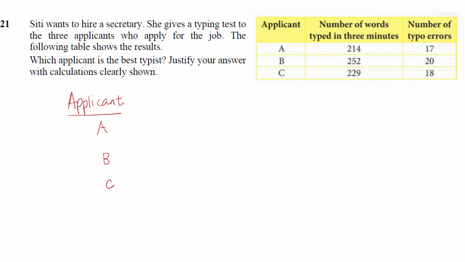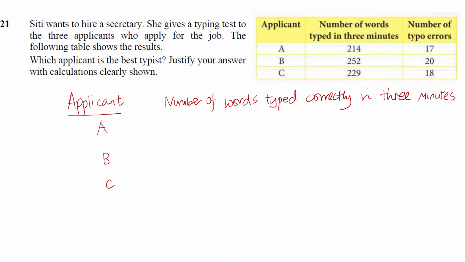The number of words typed correctly in 3 minutes: for applicant A will be 214 minus 17, which is 197.